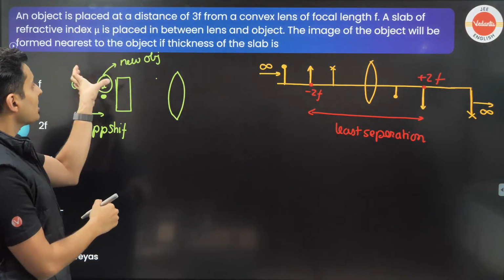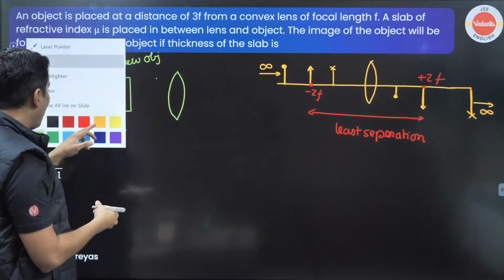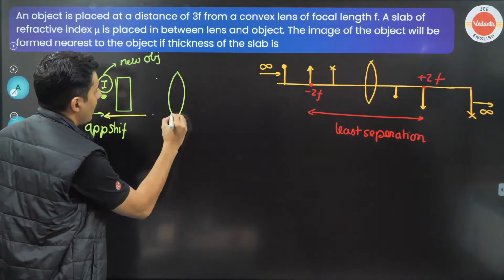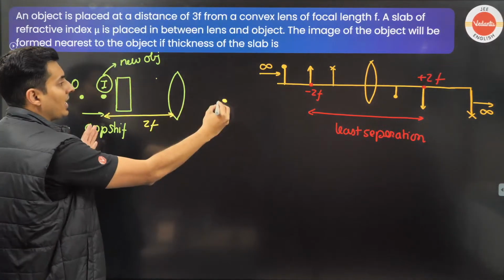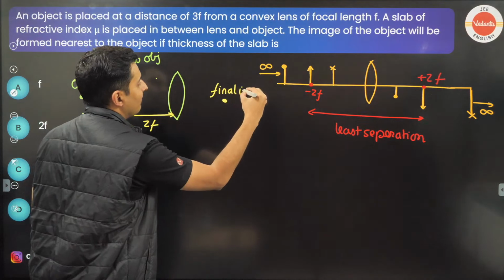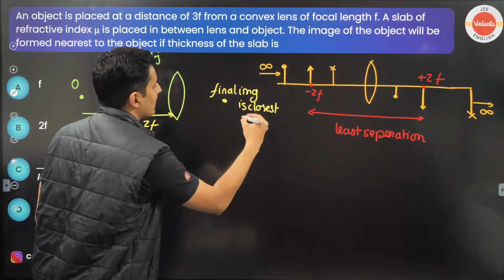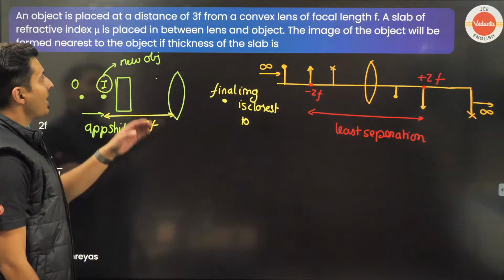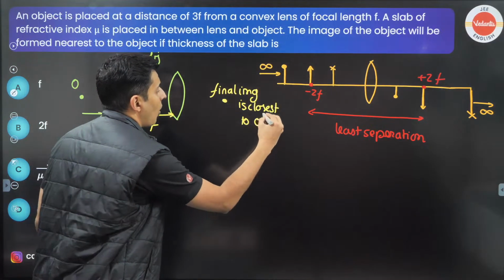And if this new object, which is the image after the shift, just happens to be at 2f, then this separation will be the least. The final image which is formed is the closest to that particular object.